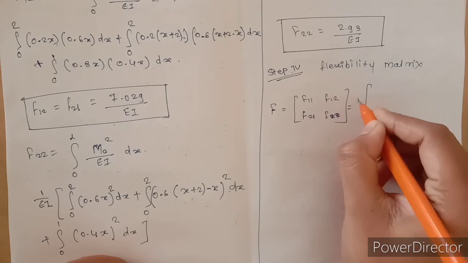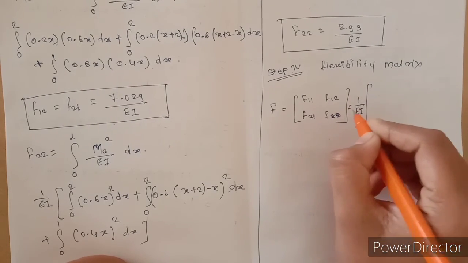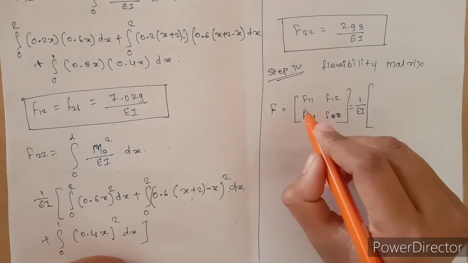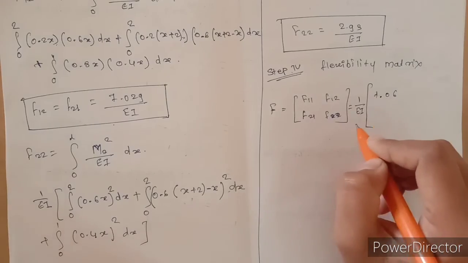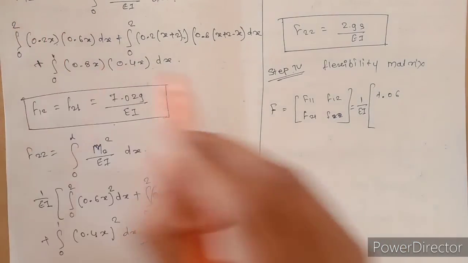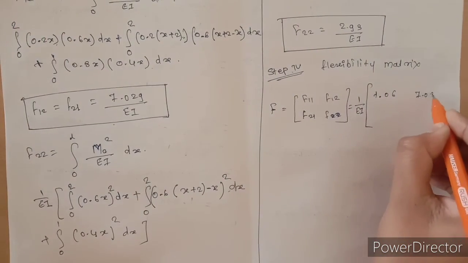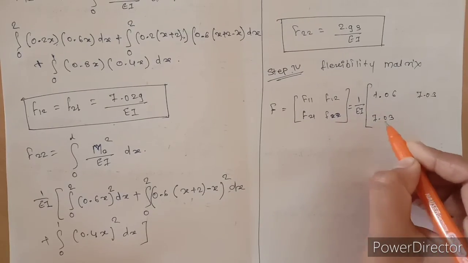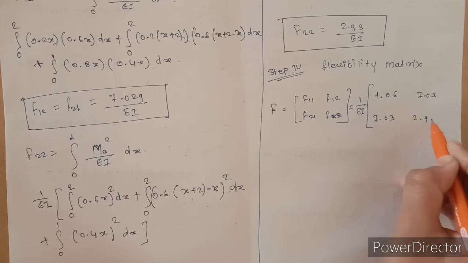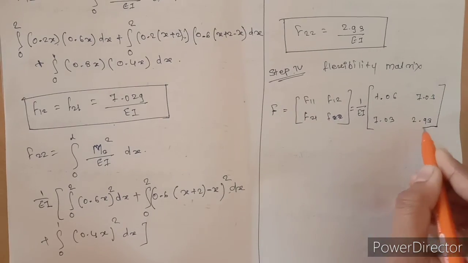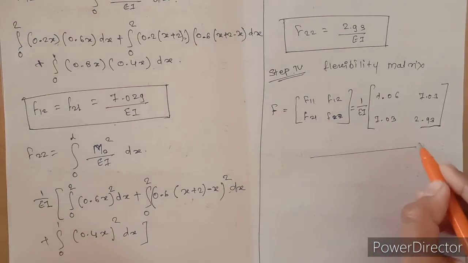So here EI is constant, so 1 divided by EI in bracket, f suffix 11 value is 1.06, then f suffix 12 is equal to 21 value is 7.03, and here also 7.03. The last f suffix 22 value is 2.93. So this is our flexibility matrix. This is our final answer.